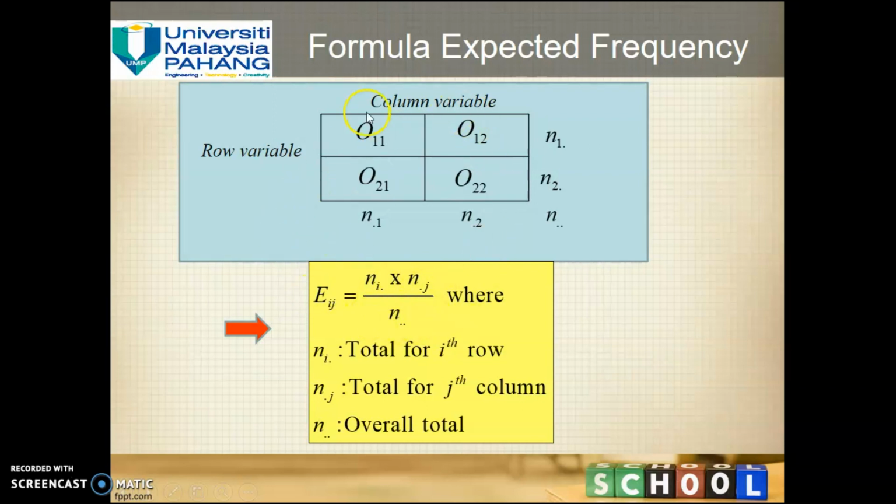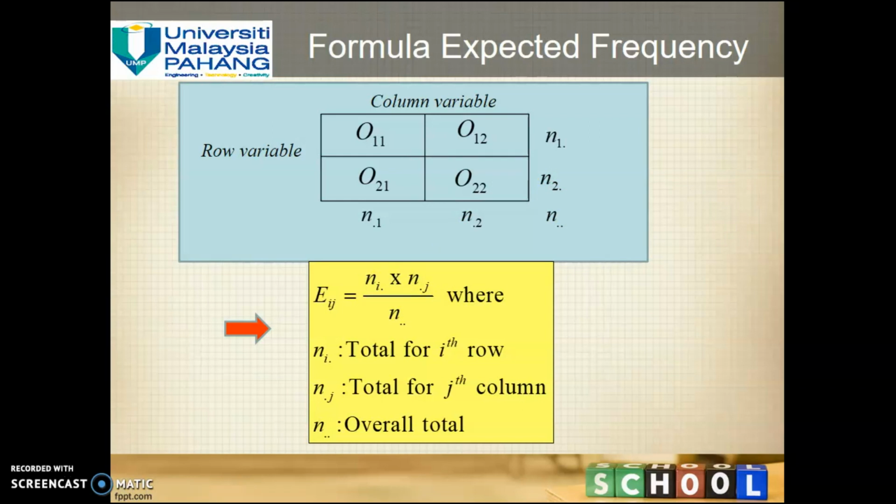Let's say that we have O11, we need to calculate E11. So we substitute i with 1 and j with 1. So to get E11, it is N1 dot times N dot 1 divided by N double dot. Then you get your E11.